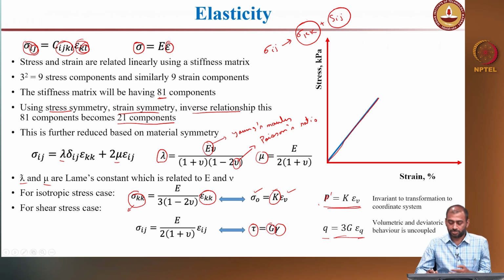We can write all these things nicely, but you can see clearly that K is a constant and G is a constant. There is no pressure dependency, nothing. The variation is linear, but as you all know, the soil response is not linear. So you need to bring in some pressure dependency to these stiffness values.